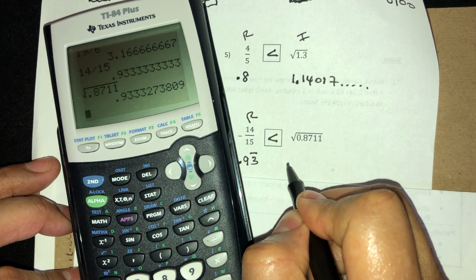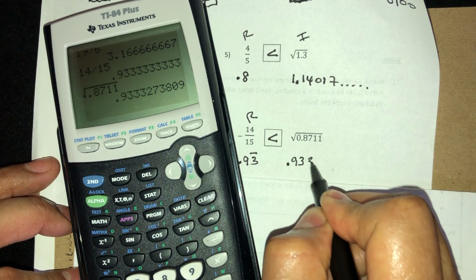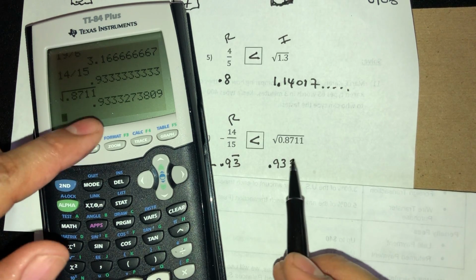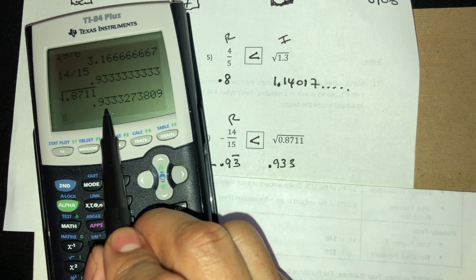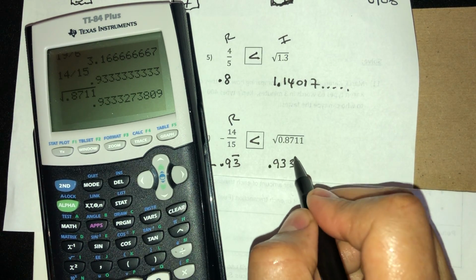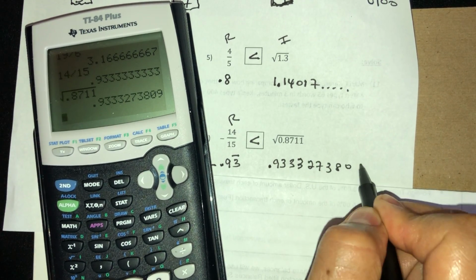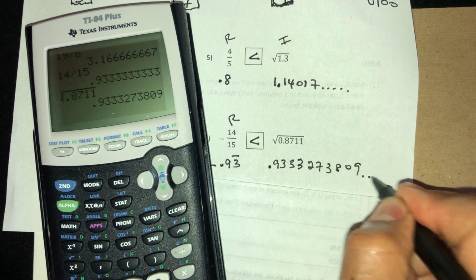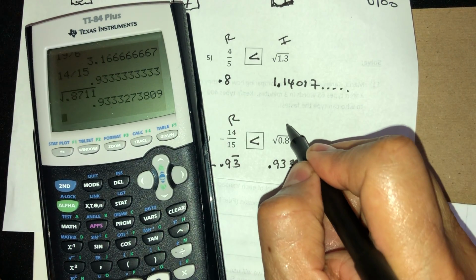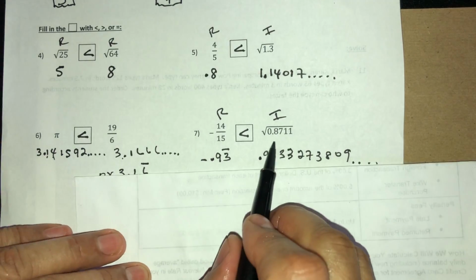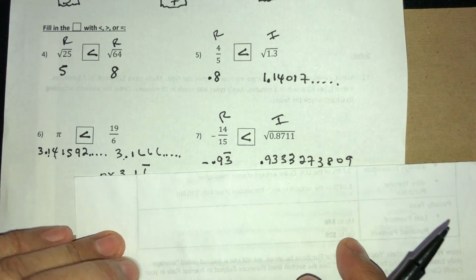But be careful, okay? 0.933, because you say, oh, but the 3 is repeating here, but at some point you see that that pattern breaks down. So you have three 3s and then it becomes 2, 7, 3, 8, 0, 9, and that goes on forever. Because I automatically know that this is irrational. How do I know it's irrational? Because it's not a perfect square, okay?